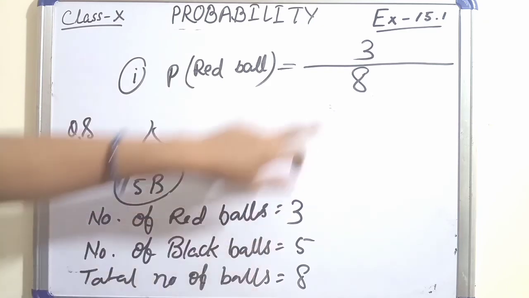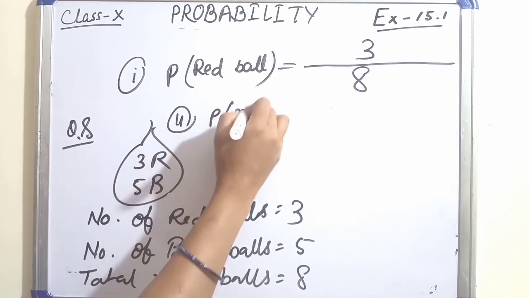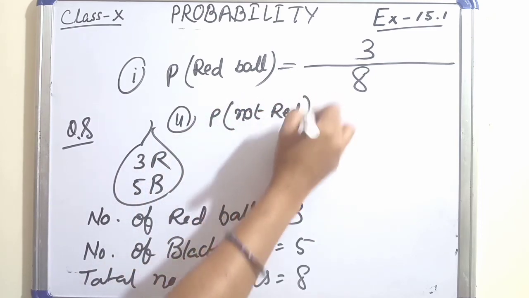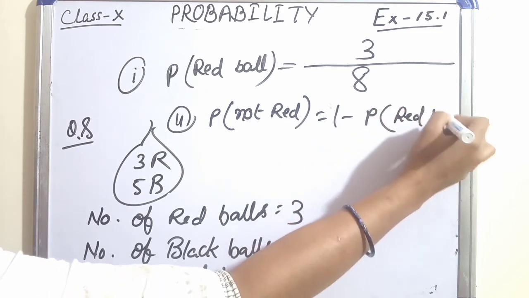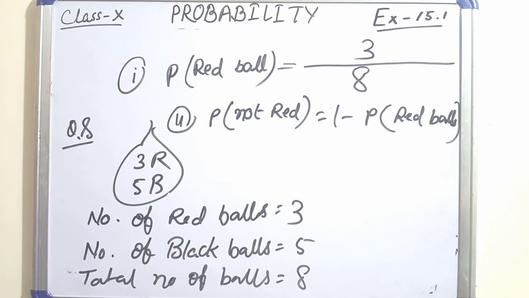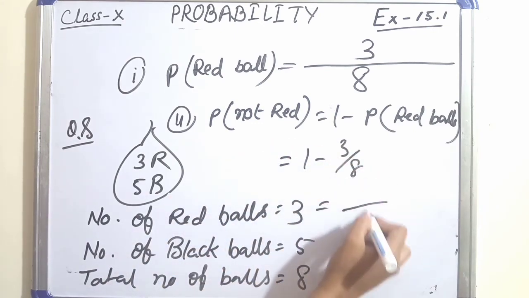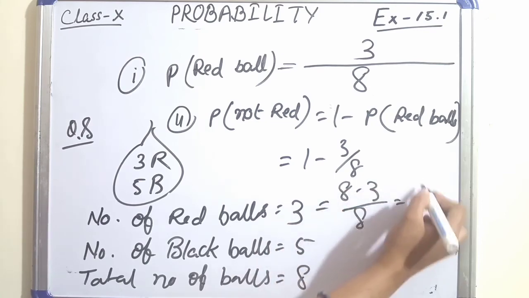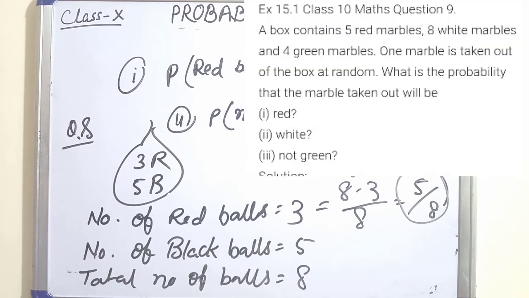Here the total number of outcomes is 8 and the number of ways the event occurs is 3, so it is 3 upon 8. And next, probability of not red is 1 minus probability of red ball, that means 1 minus 3 upon 8, 8 minus 3, so 5 upon 8. That's the answer.